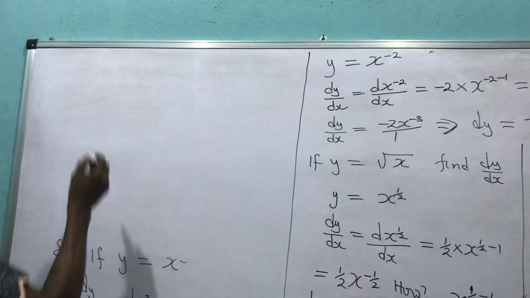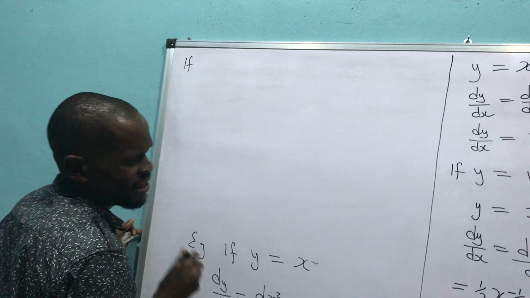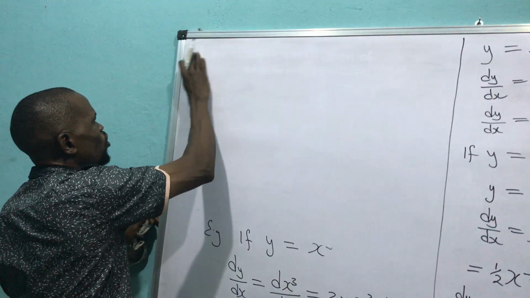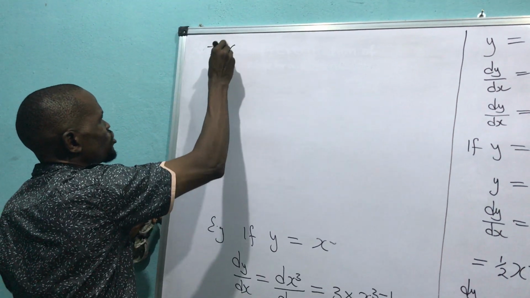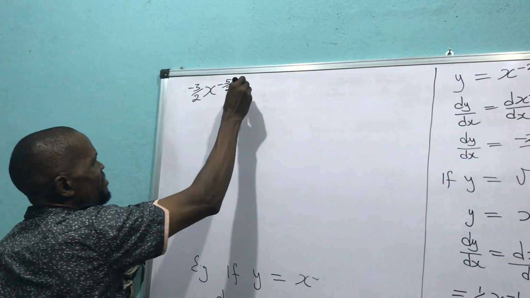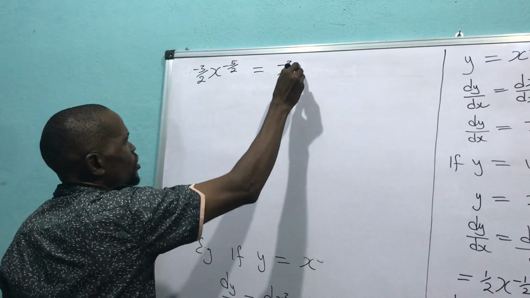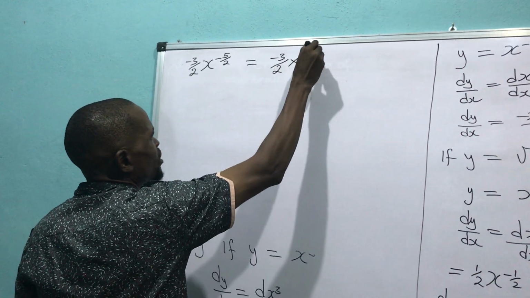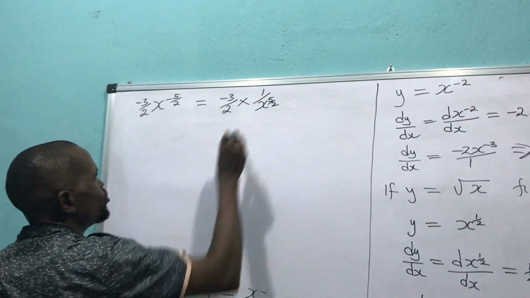Then, if I have this, you remember that minus 3 over 2 x raised to the power minus 5 over 2 can be written as minus 3 over 2 times 1 all over x raised to the power 5 over 2.